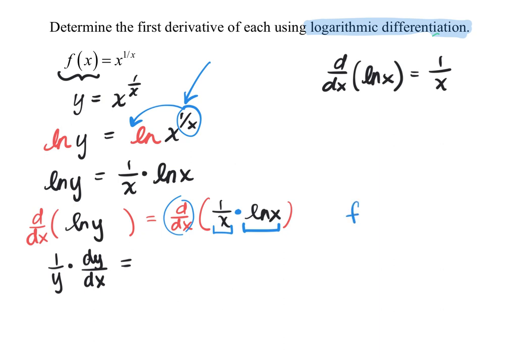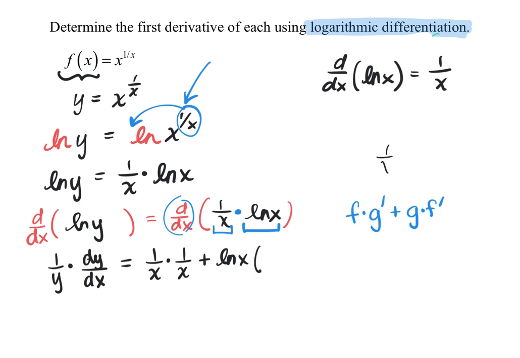The product rule says we take the first function and multiply it by the derivative of the second, plus the second function multiplied by the derivative of the first. So let's use our product rule here. 1/x is our first factor. Then we're multiplying it by the derivative of natural log of x, which is also 1/x, plus the second factor, which is natural log of x, multiplied by the derivative of the first factor.